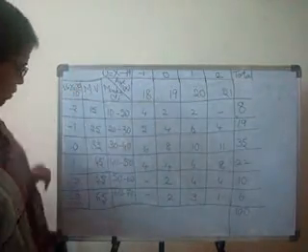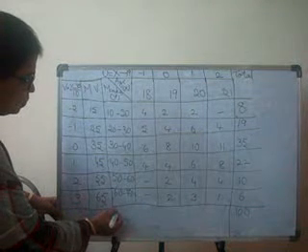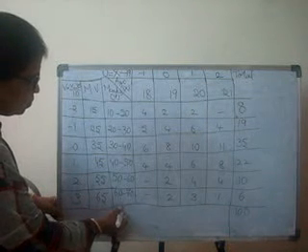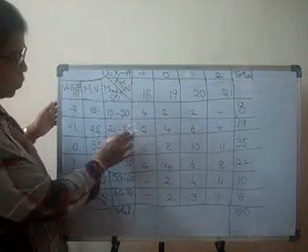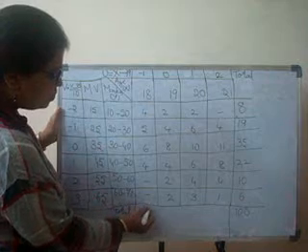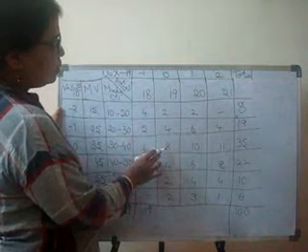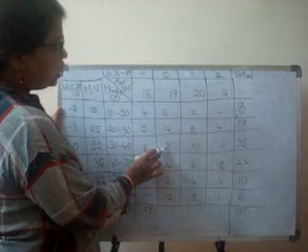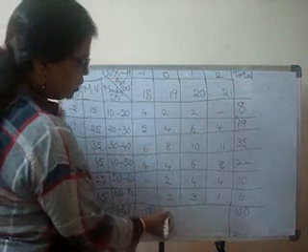The same way we will take the total here. 4 plus 5, 9, 9 plus 10, 19. 2, 4, 6, 6, 8, 14, 14, 4, 18, 20, 22.